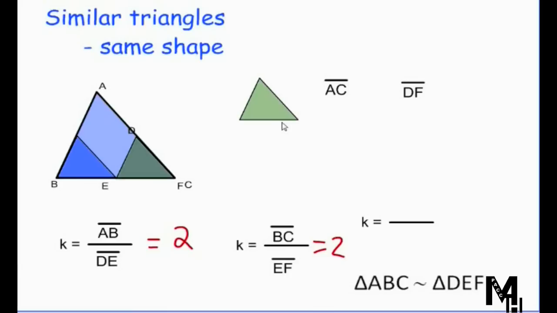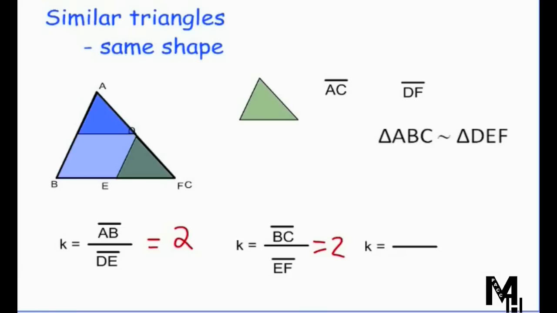Furthermore, if we shift this last remaining triangle over to the right and on top, we notice that for the side AC, DF is again half of its distance. Therefore, AC is twice DF. So our last remaining ratio K is going to be AC divided by DF, which is equal again to 2.